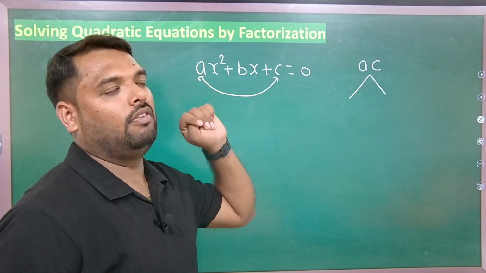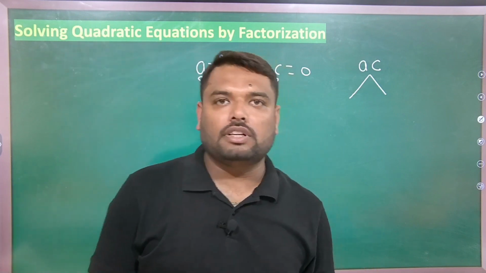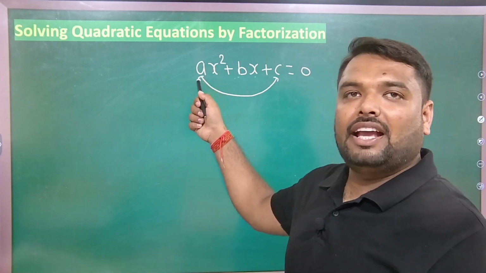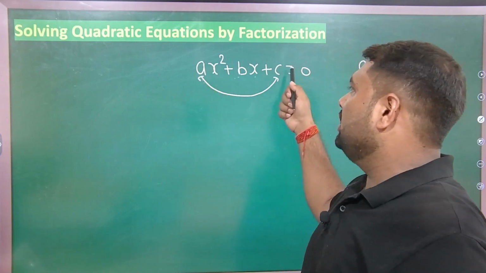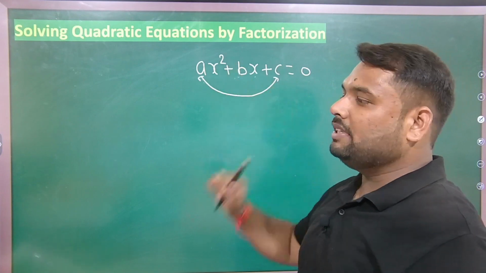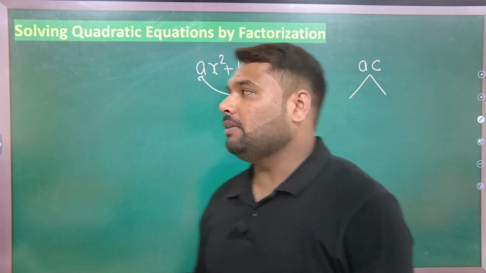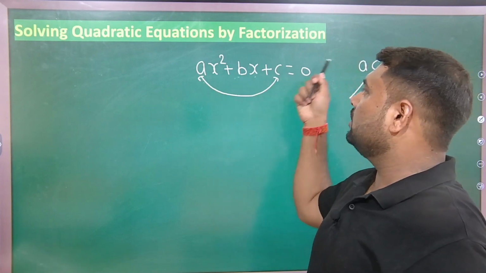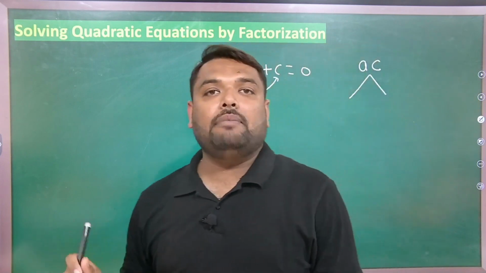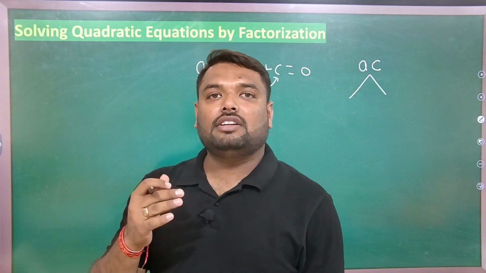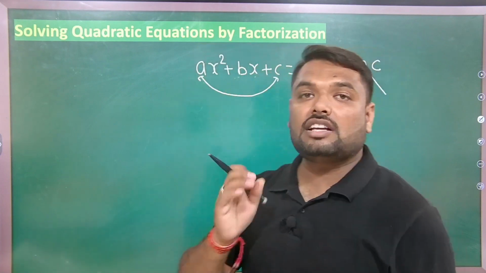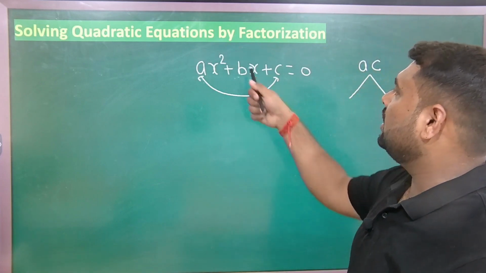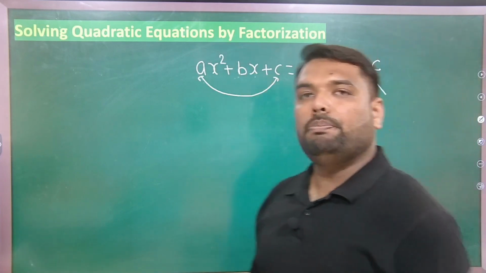Got the point? No. Okay, I am telling you once more. The first step is you have to multiply a and c. A means the coefficient of x square and c means the constant term. After multiplication, whatever the result be, you have to factorize the product of a and c in such a way that the difference or sum of those factors must be equal to b.